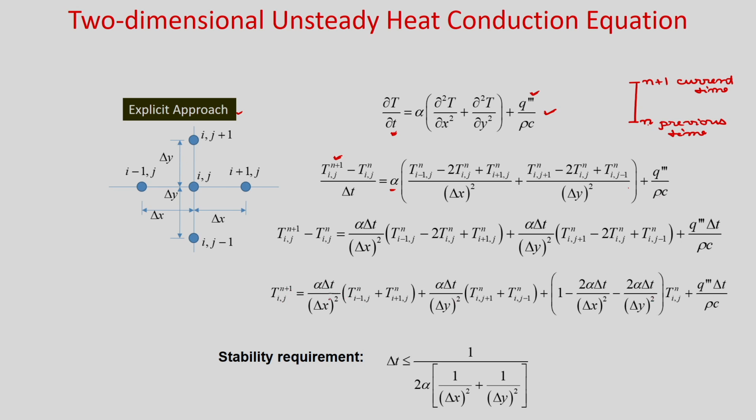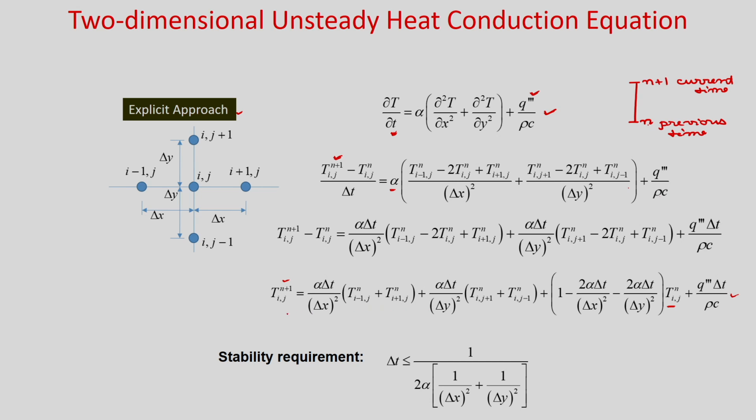So, you can see alpha delta t by delta x square into T i minus 1 j n plus T i plus 1 j n, plus alpha delta t by delta y square into T i j plus 1 n plus T i j minus 1 n, plus for the T i j coefficients, if you get together, you will get 1 minus 2 alpha delta t by delta x square minus 2 alpha delta t by delta y square, plus q triple prime delta t by rho C. So, this is your equation, and you see you have only one unknown and all are known from the previous time level.